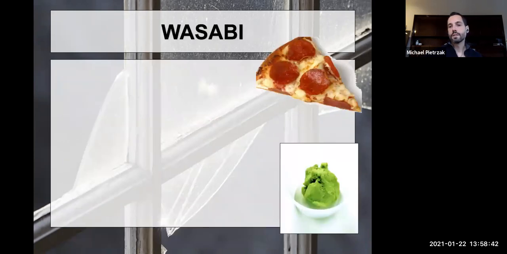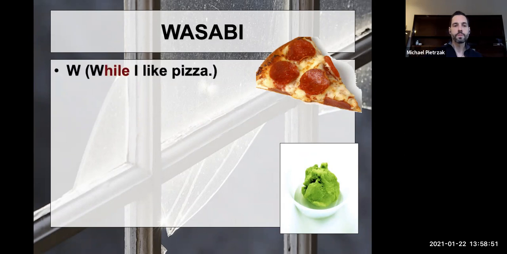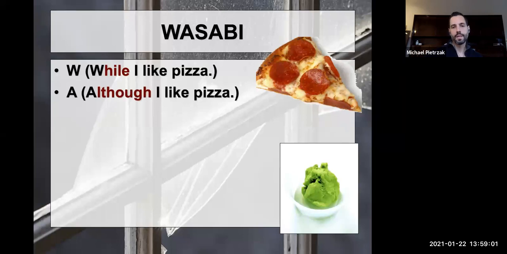A great acronym for this, right? This is a memory tool. Wasabi. You don't know wasabi paste? That spicy green stuff that comes with some of your food sometimes. Wasabi, here's a list of words. So W is for while. While I like pizza, all right? That sentence doesn't make sense. So while can cause problems. Although I like pizza, again, not a complete sentence.